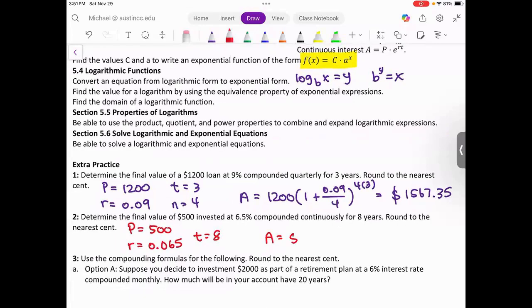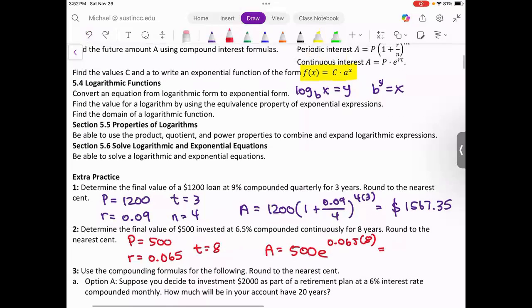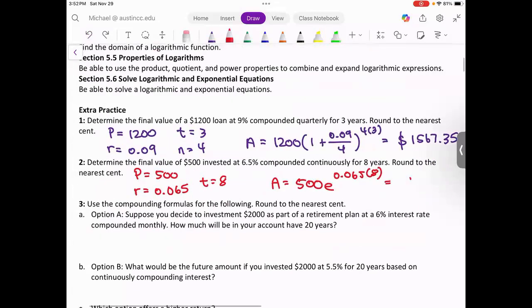So our initial amount was 500 times e to the rt. And remember, when we're calculating this e, just use the e button on your calculator. And when we calculate that, we get 841.01.